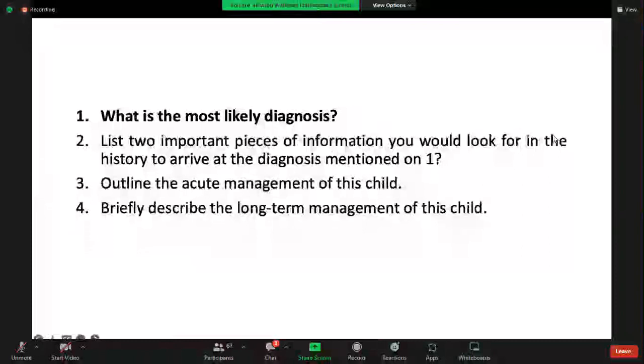What are the diagnostic criteria? Jones criteria. Okay. What would you ask? Joint pain, carditis, subcutaneous nodules, erythema marginatum, and Sydenham chorea.